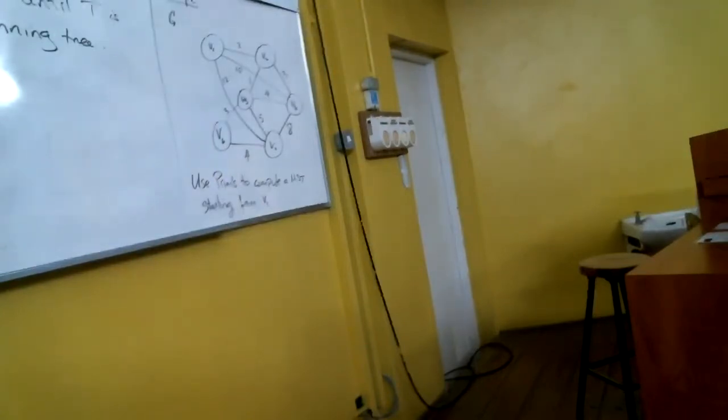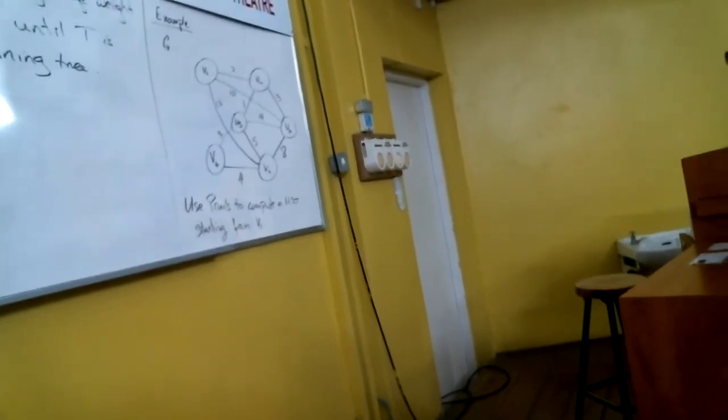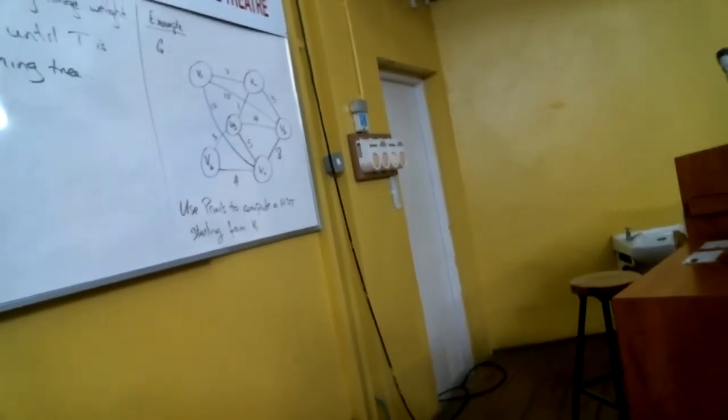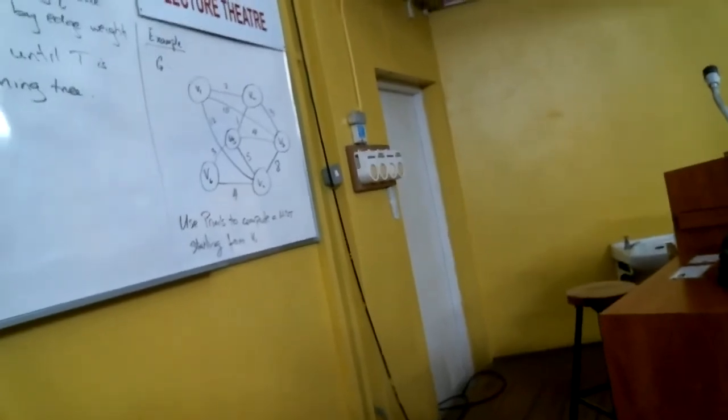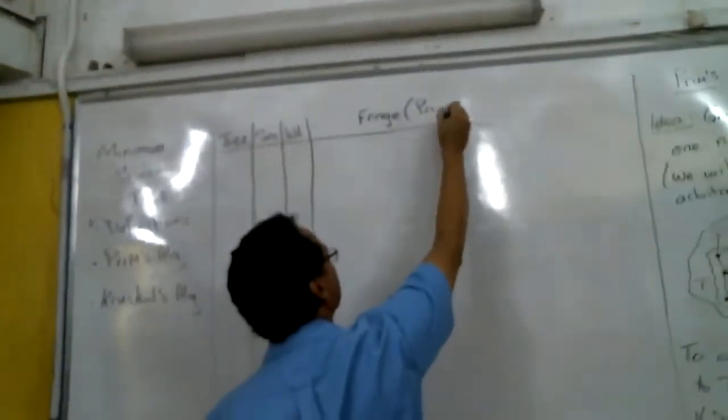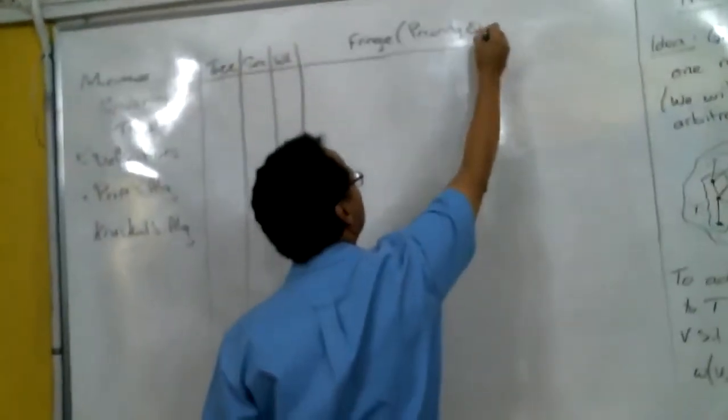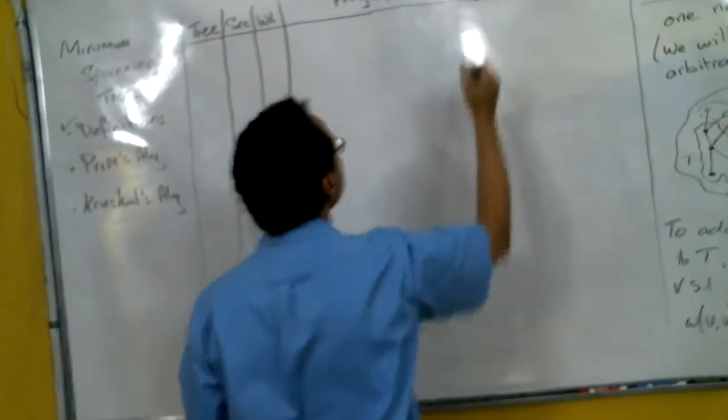And over here, I guess I'm going to need this space. So I'm going to call this the fringe, but you should remember that it's really a priority queue.